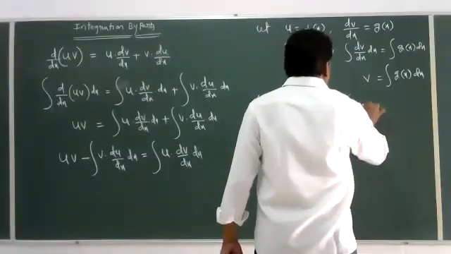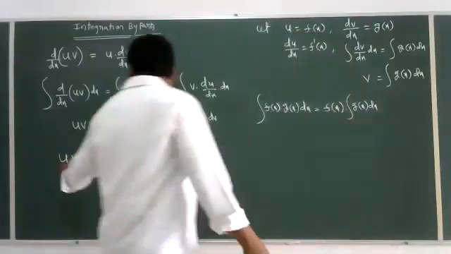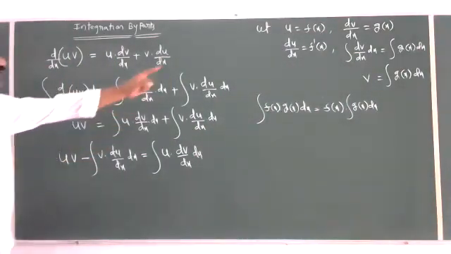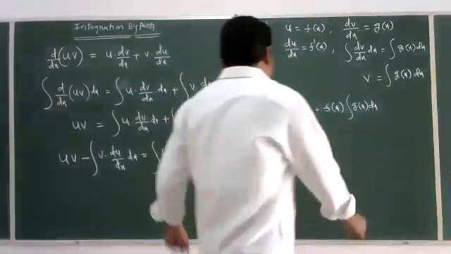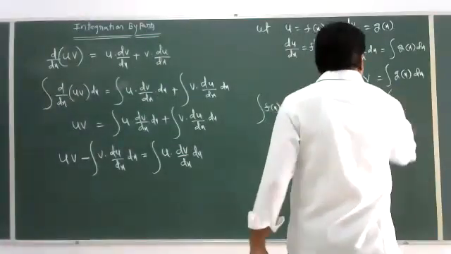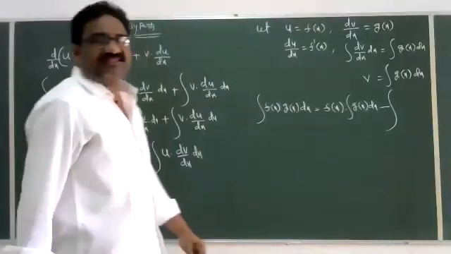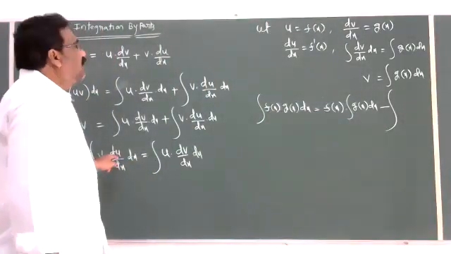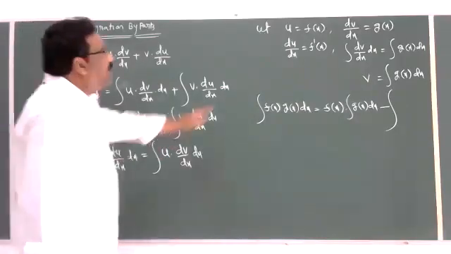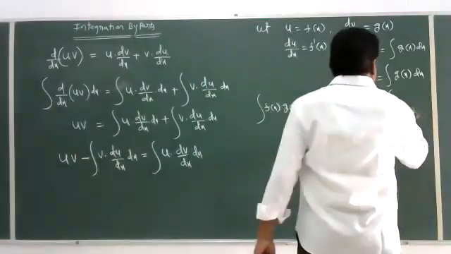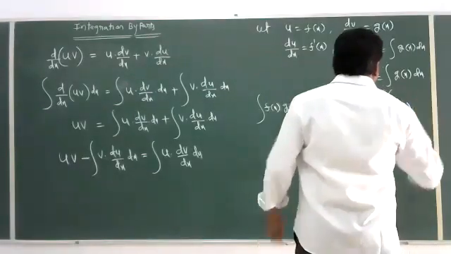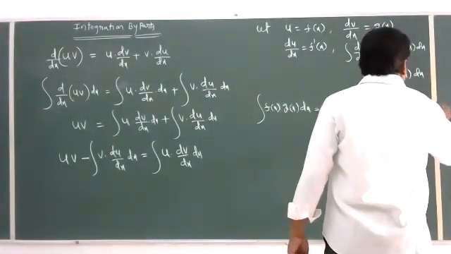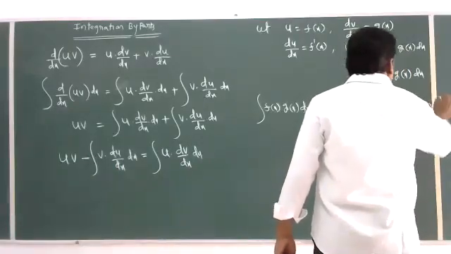Integration of g of x dx. So UV, U is f of x, V is integration of g of x, minus integral V and du by dx. du by dx is f dash x. f dash x into V, V is what? Integration of g of x dx, for whole dx.